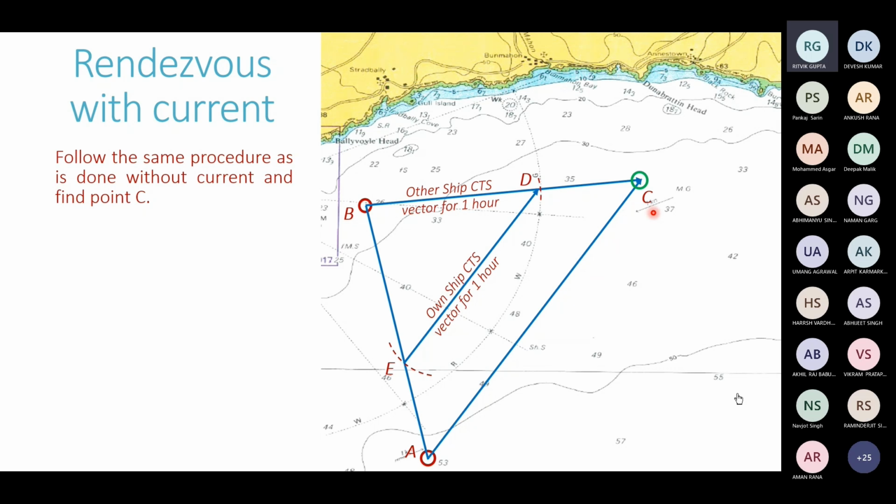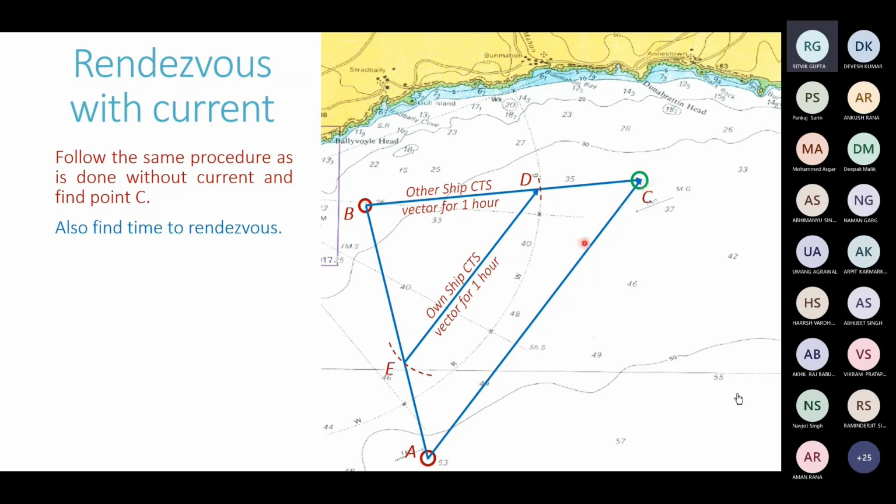The reason is that we have current prevalent in the area, and the current is going to affect the target ship as well as our own ship. So we also find the time to rendezvous, exactly as we did in the previous question.